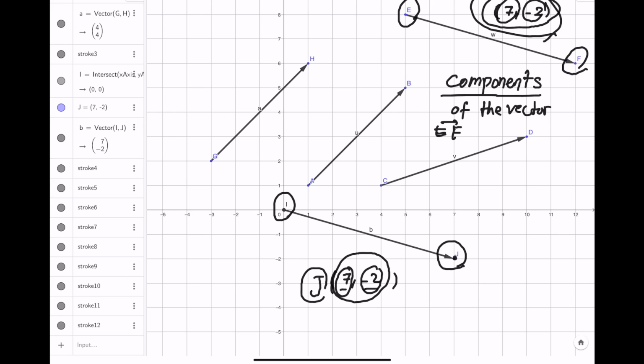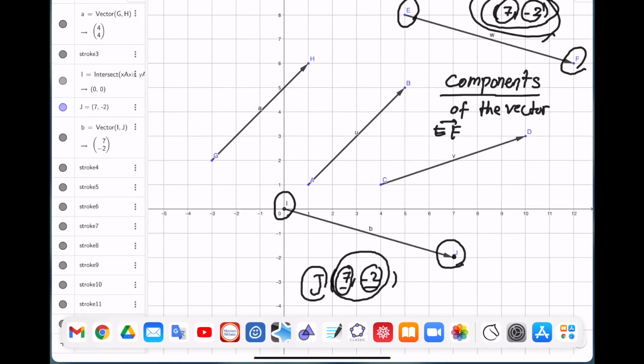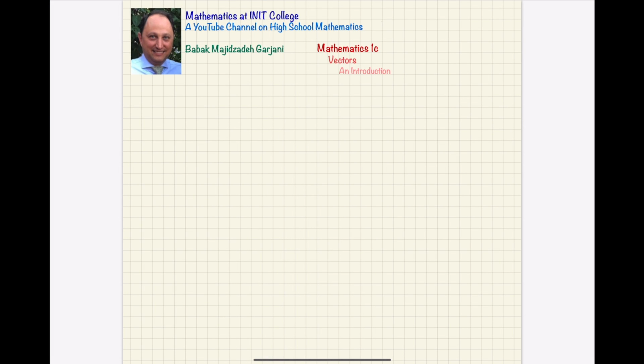Okay. Now, what is the benefit? Now we want to have a dictionary to translate geometrical operations into algebraic operations and vice versa. So let me go back to my notes here. We learned that from now on, if I have a vector, I write an equality.